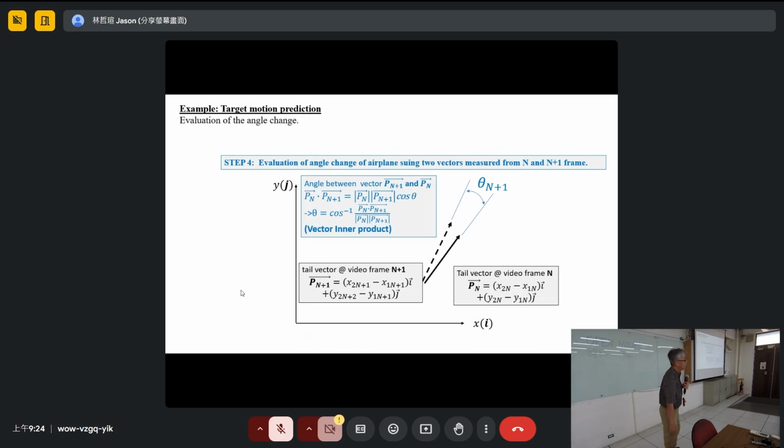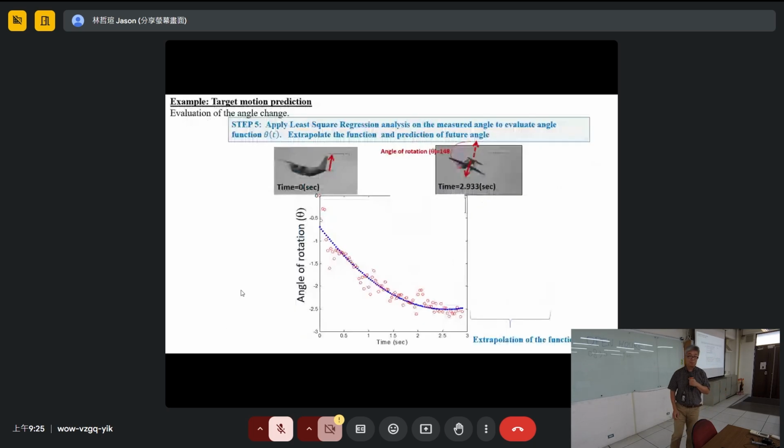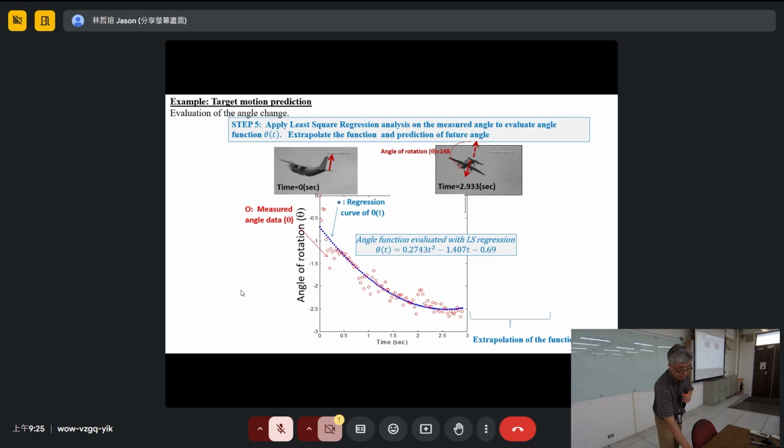Then you can use the inner product to find the theta, and the computer can do it really quickly. So by doing so, you can find the airplane's angle change from here. This is measured from that video, jumping around, but you can still see there's a clear pattern, a trend line. Then you can quickly calculate the function of angle as a function of time.